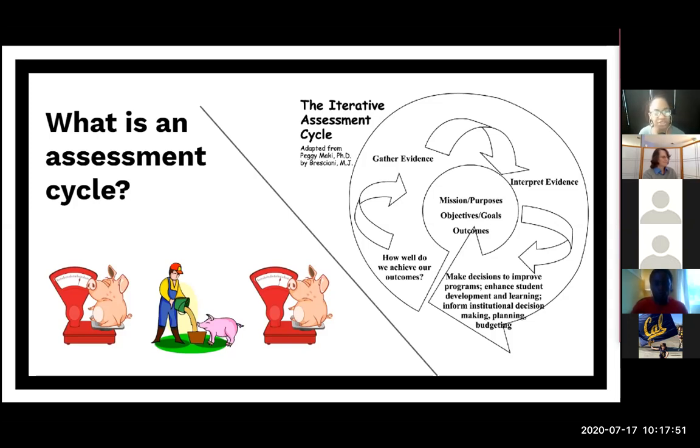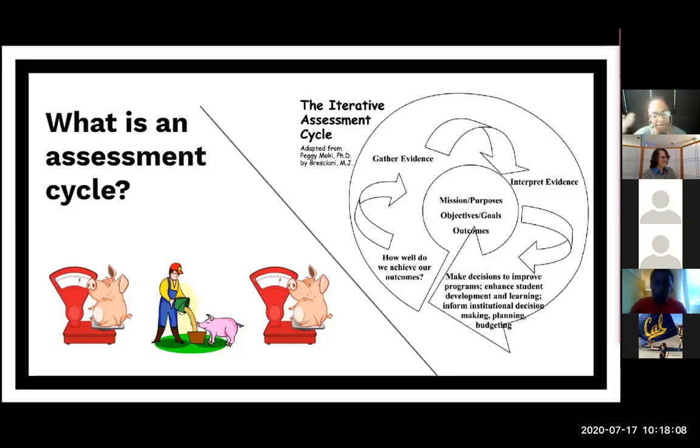So in order to establish a cycle, you need to know the steps involved. The simplest steps that I like to use are feed the pig, weigh the pig, and feed the pig again. This helps me keep my attention focused on the main goal of my assessment.